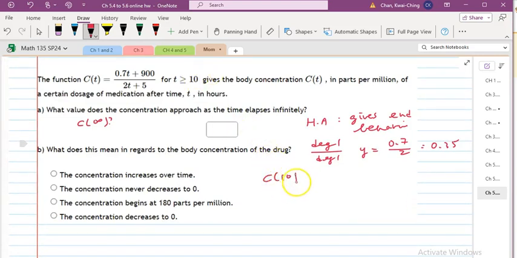So you do T of 10 and then T of 20. T of 10 is 0.7 times 10 plus 900 over 20 plus 5, over 25. So that will be 907 over 25.